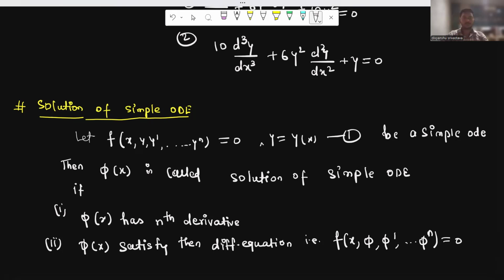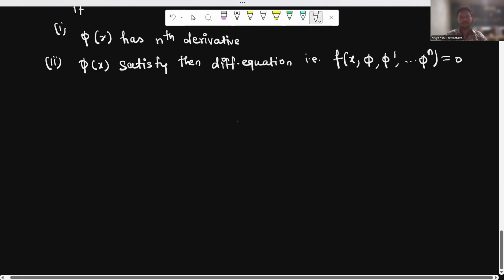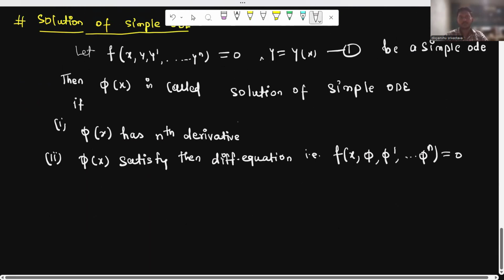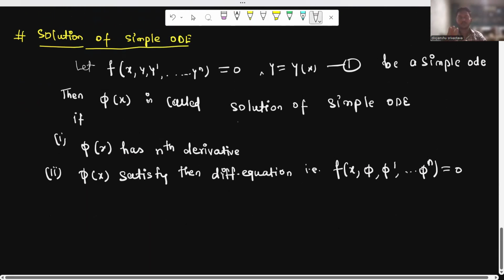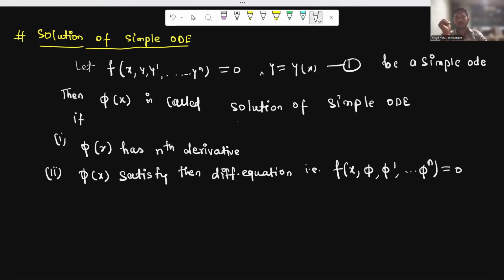So these are the kinds of solutions of a simple ODE: f(x, y', up to y^(n)) equal to 0 and y equal to y(x) is a simple ODE, then phi(x) is called a solution of the simple ODE.